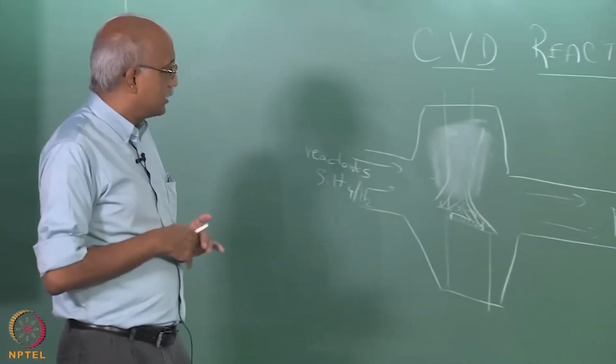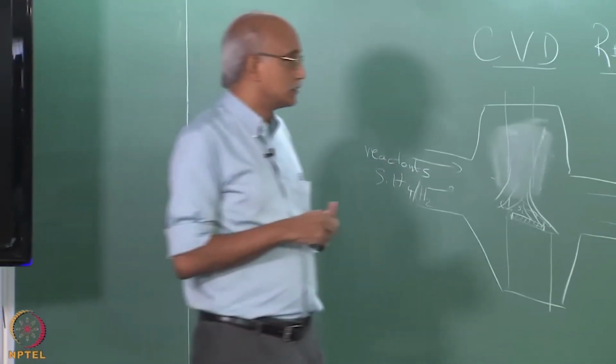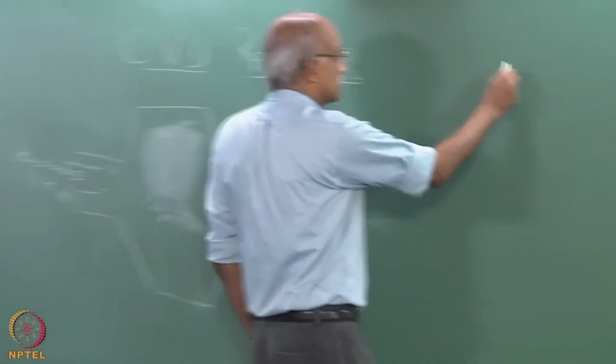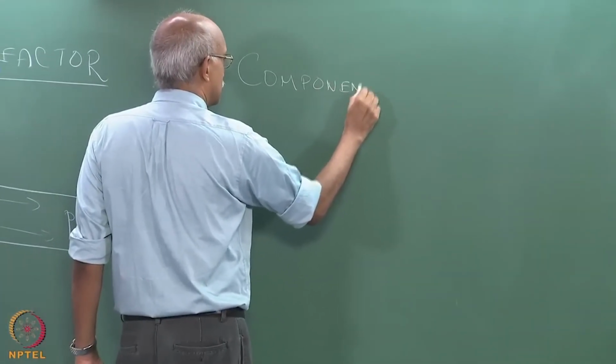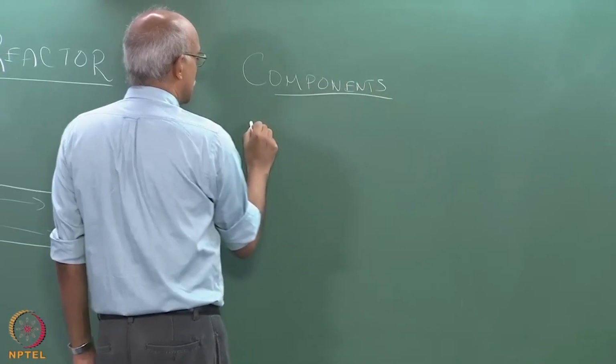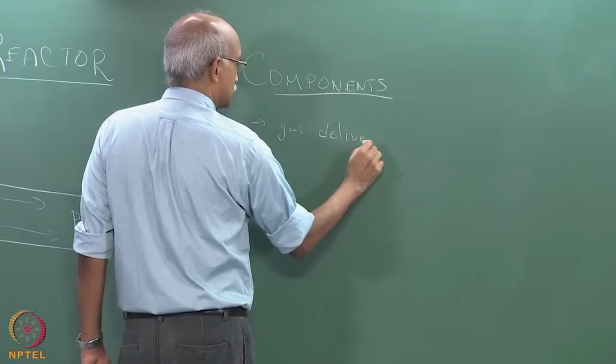So, if you look at the components of a CVD reactor, what are the critical components? You need a good gas delivery system.